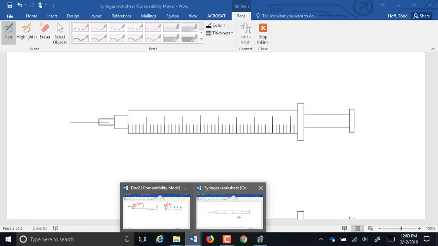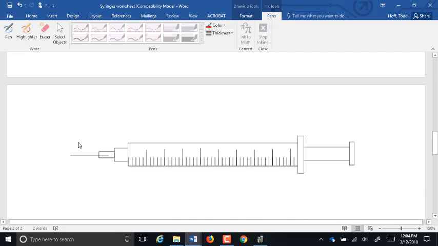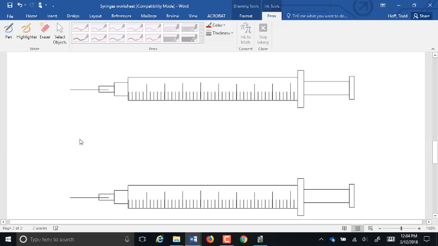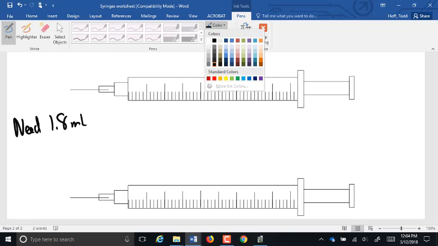So back to this worksheet here. So if I have a dosage that I need to administer, 1.8 milliliters of medication. And I have two options.